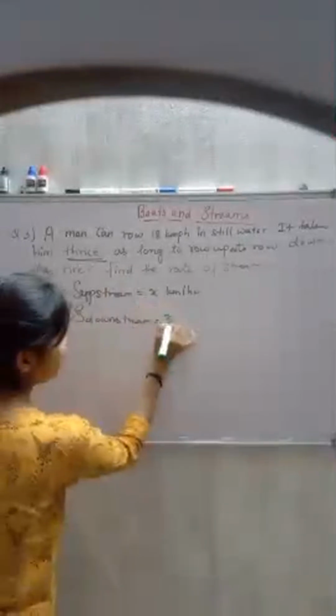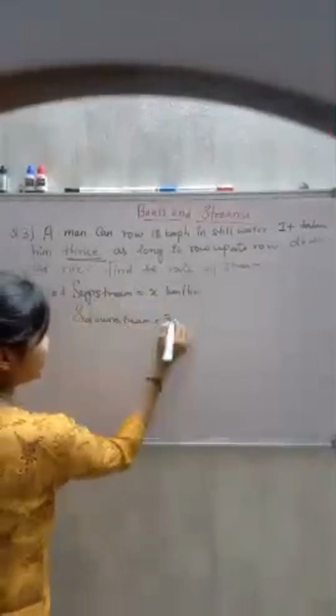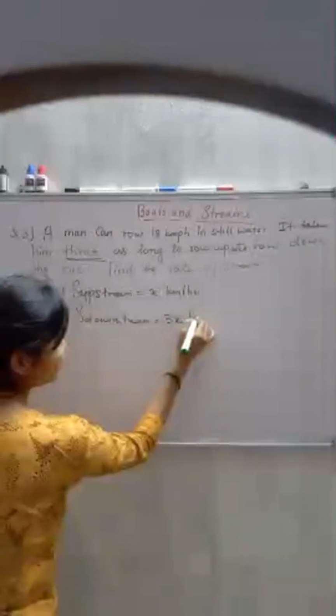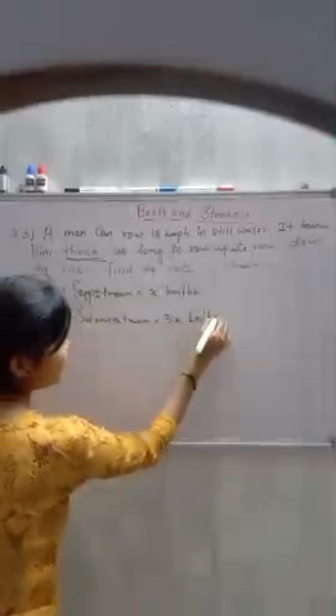So if upstream is x, downstream will be 3x km/h.